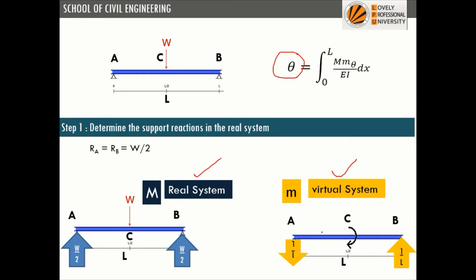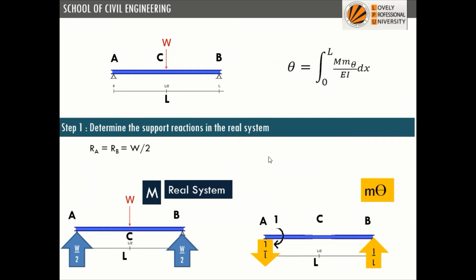Suppose we want to find slope at some point here, then the unit moment should be applied at this point. As per the question, we want to find the slope at the support, so we will put the unit moment at support A only, right?